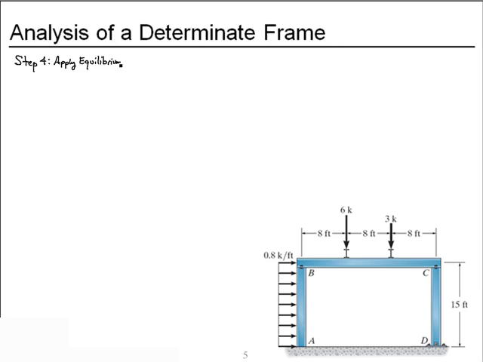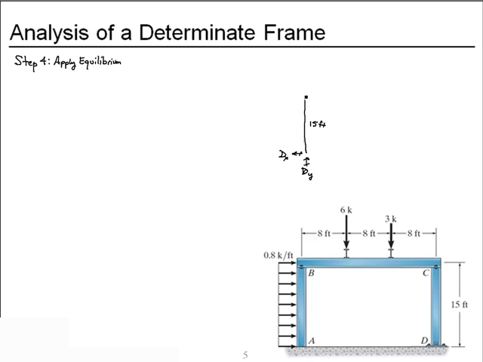Let's begin with member CD. It's 15 feet tall. Got vertical reaction Dy, horizontal reaction Dx.